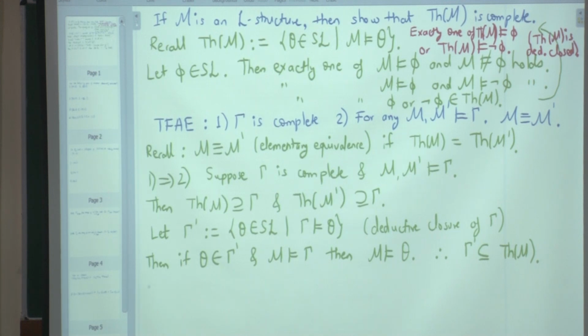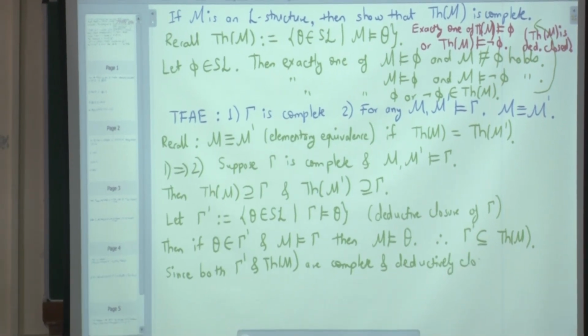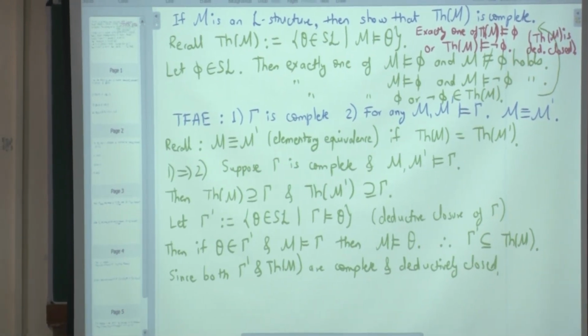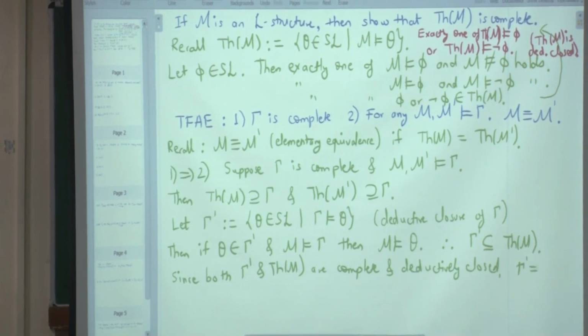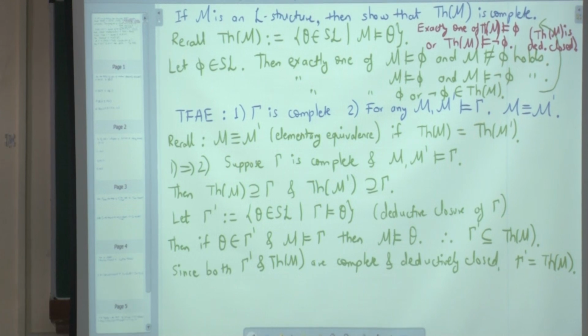Now since both gamma prime and theory of M are complete and deductively closed, okay, what can we say? Gamma prime and theory of M have to be equal.